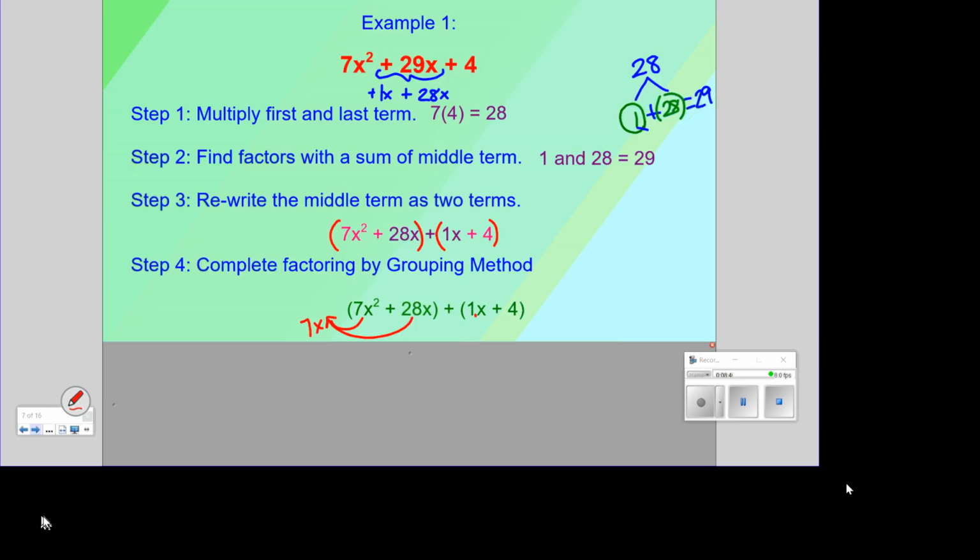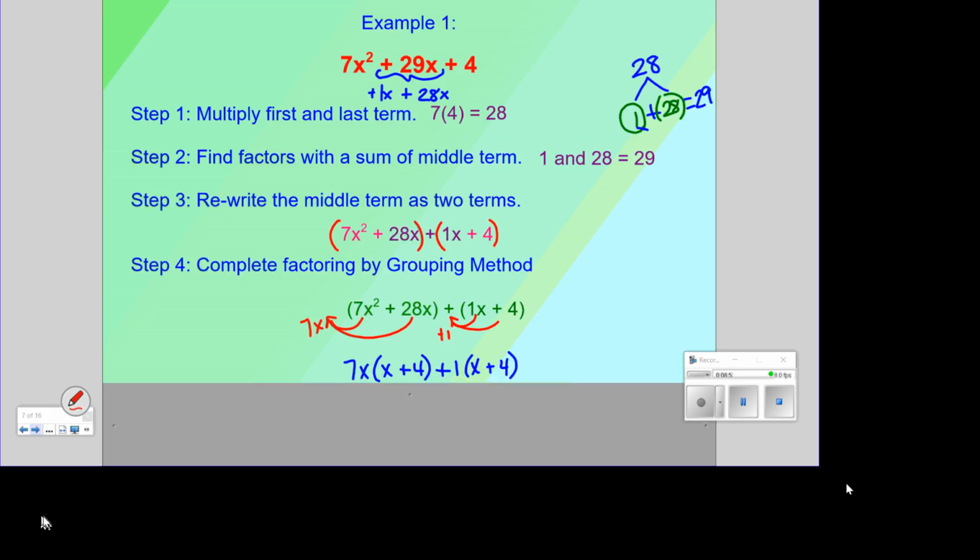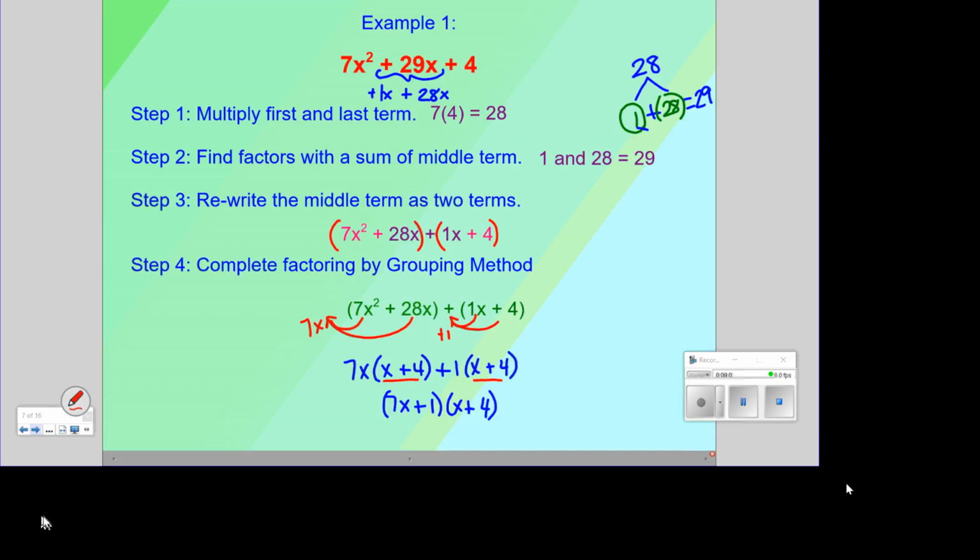So 7x comes out of the first 2 and a plus 1 comes out of the second 2, leaving us with 7x times x plus 4 plus 1 times x plus 4. We want this to be the same, so we are good there. And those make up the 2 binomials that this will factor to. So you can see how it's a combination of factoring trinomials without a coefficient and the grouping method.